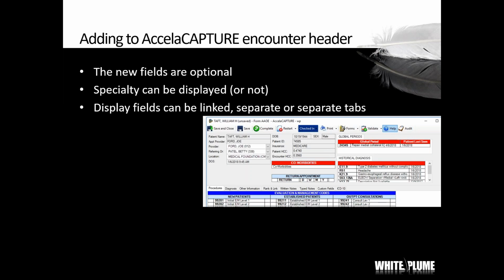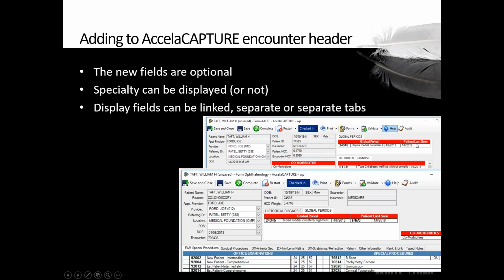So here, if you look in the upper right, there's a tab that says global periods. And there's my procedure code and the description and the expiration date of that global period. And next to that, we have the patient last seen date. Now, another way to do that is here we've used the same real estate in the middle of the header with two overlapping tabs.